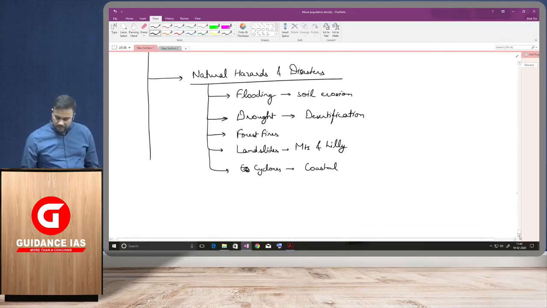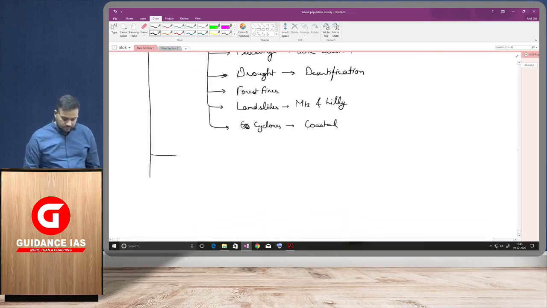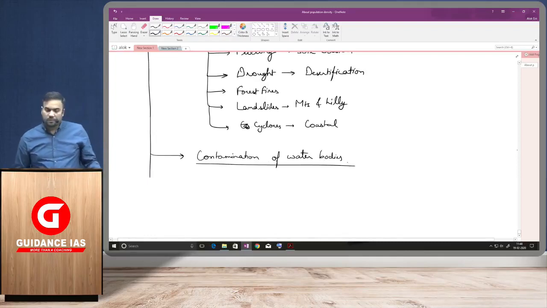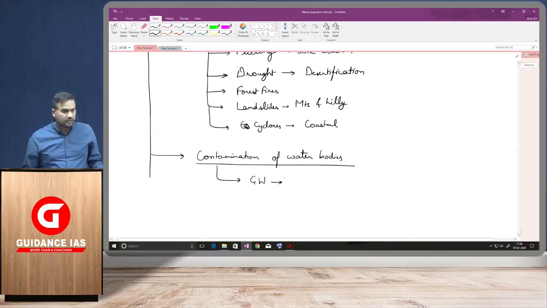Other types of environmental issues they face, like for example, contamination of water bodies. You can understand these can be more natural, like for example, groundwater contamination.